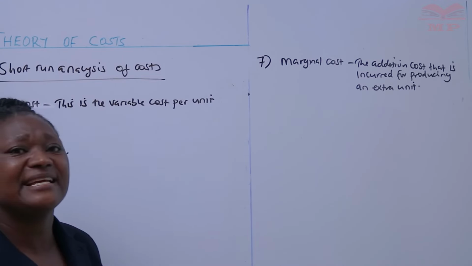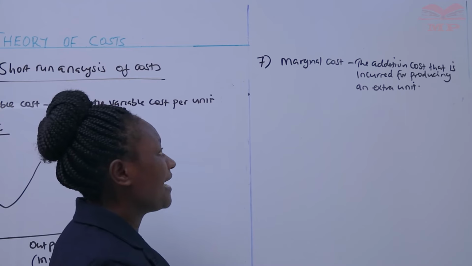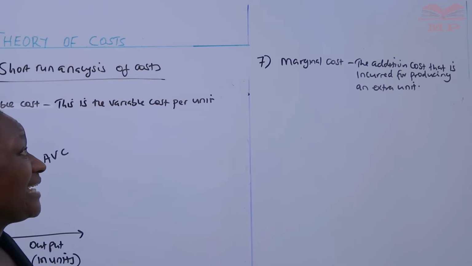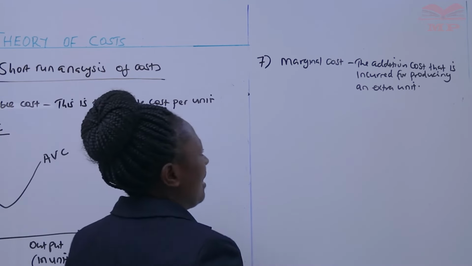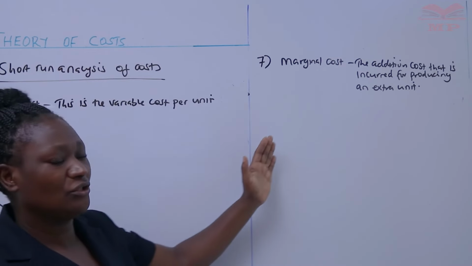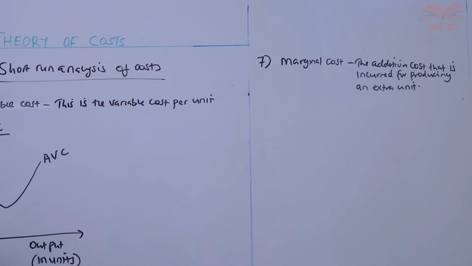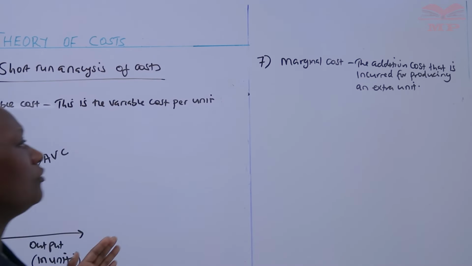It only arises when we have change, and that change is an increase because it is the cost of producing an additional or extra unit. So how do we illustrate the relationship? A marginal cost is also U-shaped, just like the average total cost and average variable cost.